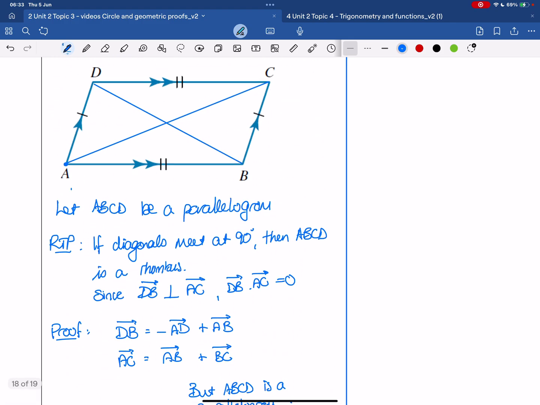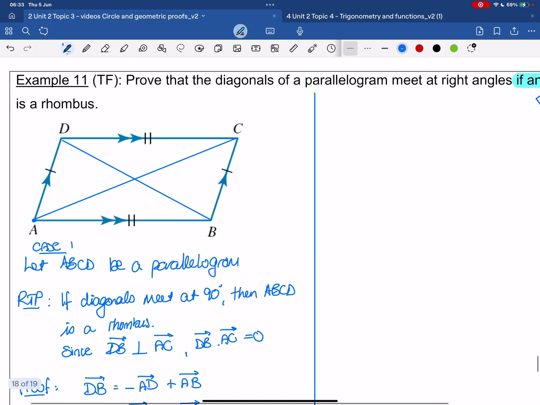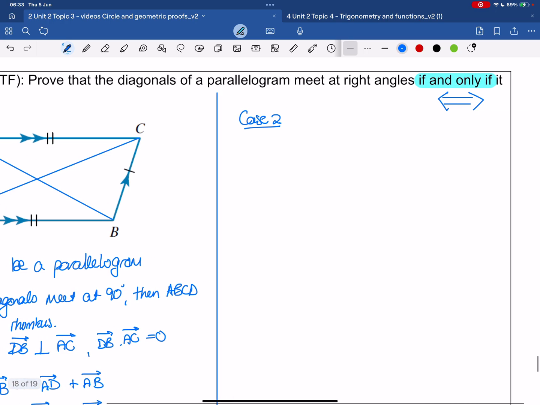Oh, we should probably write up here case 1 so that we know we've got 2 cases. Let's have a look at case 2. Now, case 2 says, if this is a rhombus, then my diagonals meet at 90 degrees.